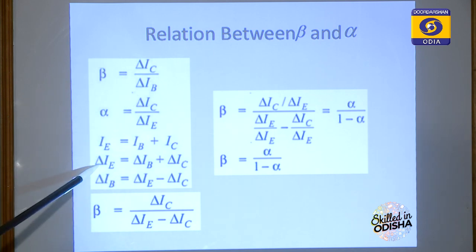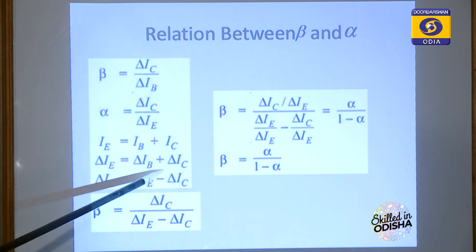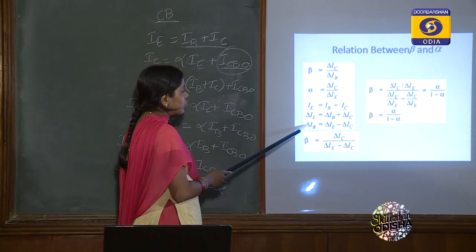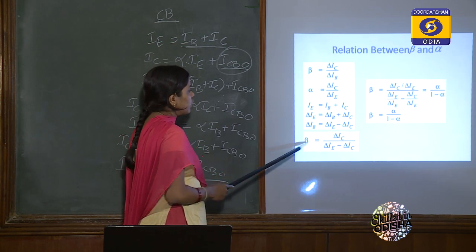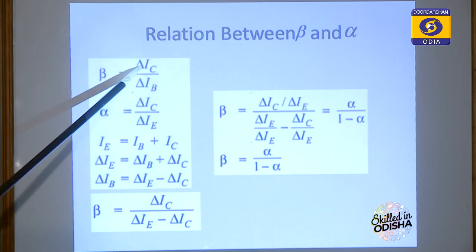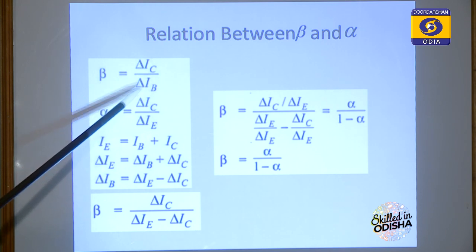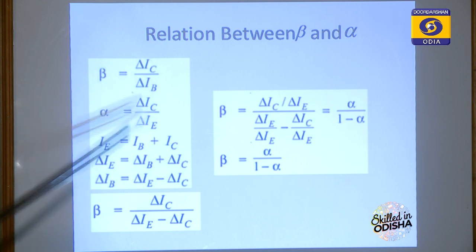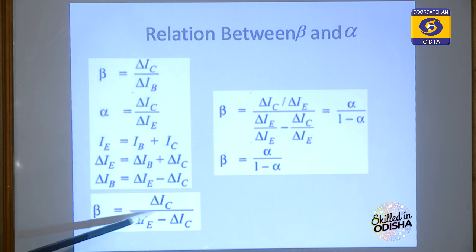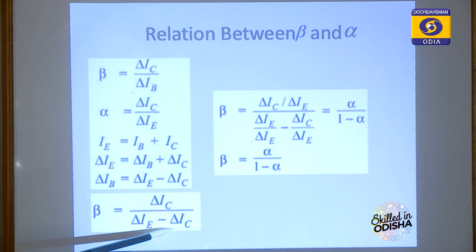So delta IE is equal to delta IB plus delta IC, so delta IB is equal to delta IE minus delta IC. So beta is equal to, as we know, delta IC divided by delta IB. So delta IC, the value of IB is put here, so delta IC divided by delta IE minus delta IC.